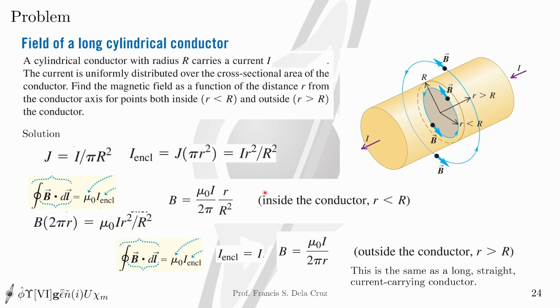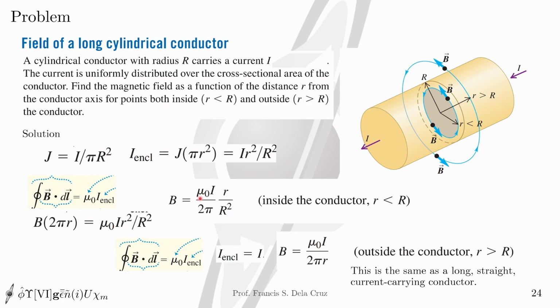Inside the conductor, for any radius less than the radius of the long cylindrical conductor, the magnetic flux density will be equal to mu naught I over 2 pi, times small r over capital R squared. So this is the magnetic field inside the conductor.